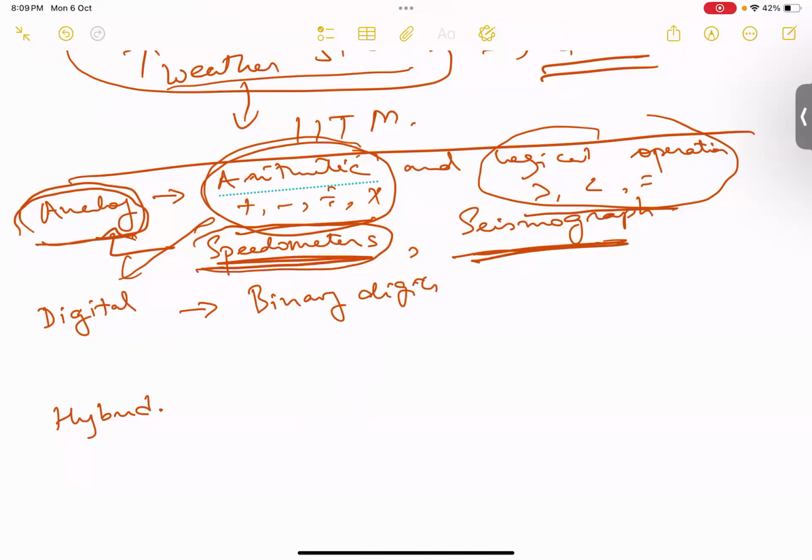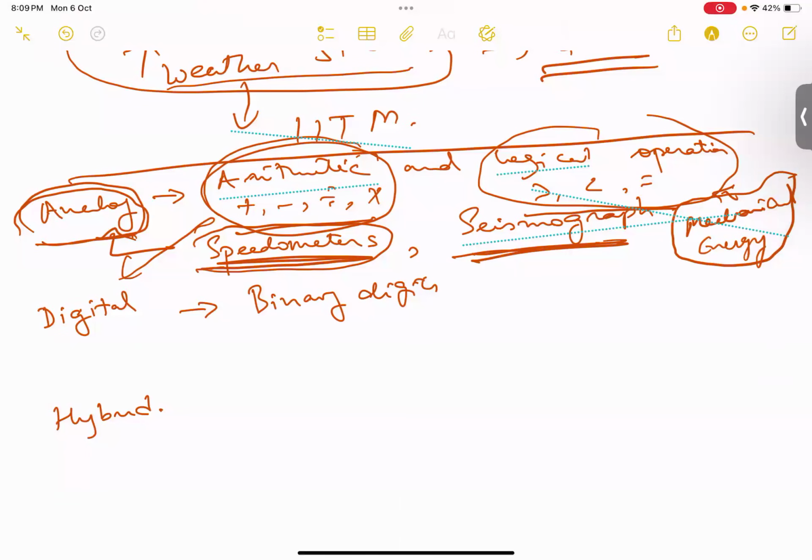Here, what we see is that analog computers are based on mechanical or electrical energy, okay? But digital computers will be based upon binary units. When we say binary units, it means zeros and ones, right? Everything is converted into 0 and 1, okay?